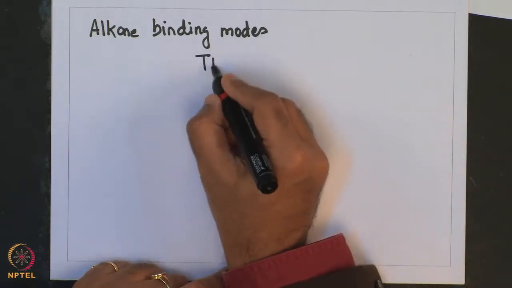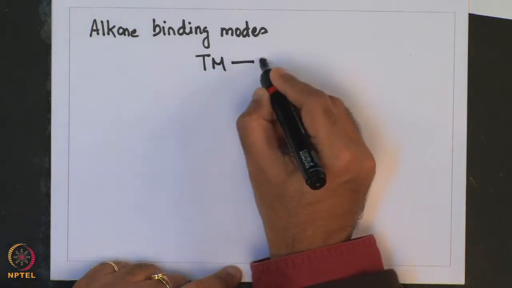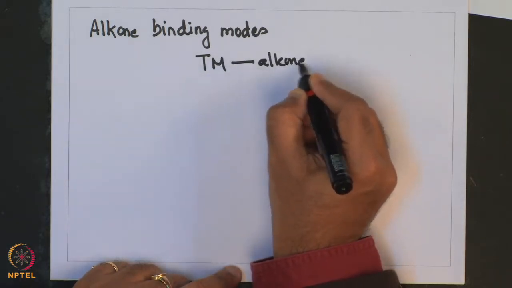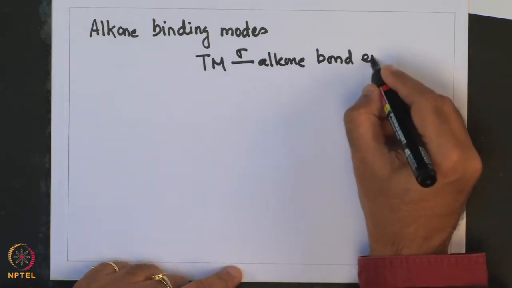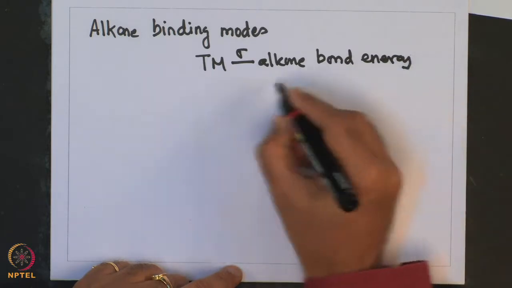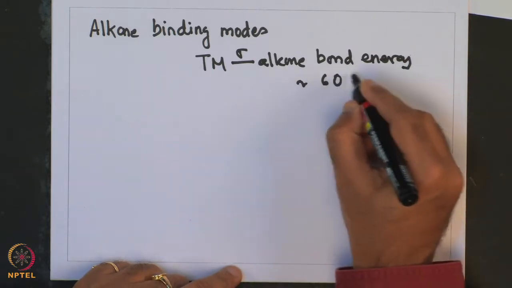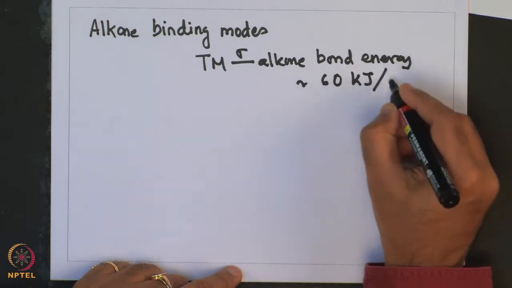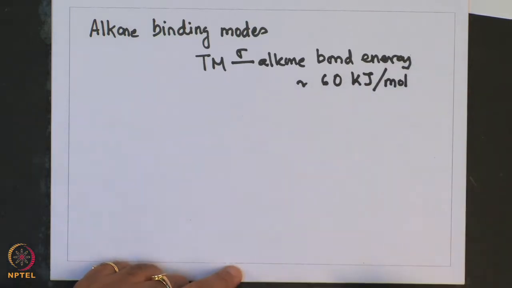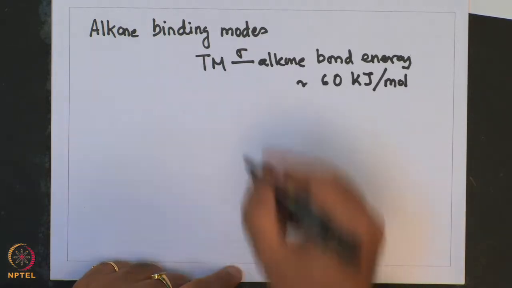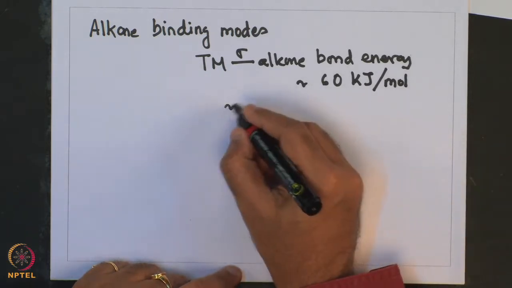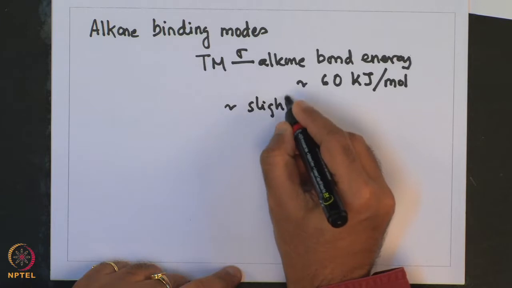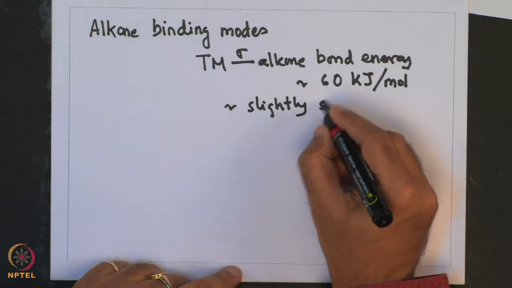For example, it is around 60 kilojoules per mole, which would be slightly higher than a hydrogen bond.